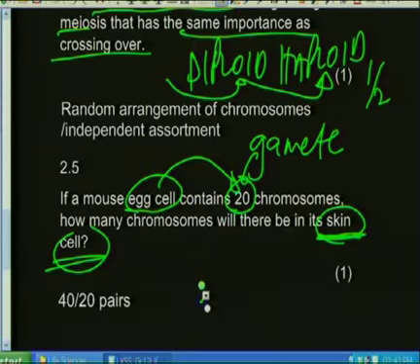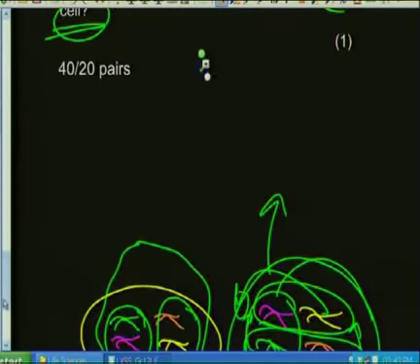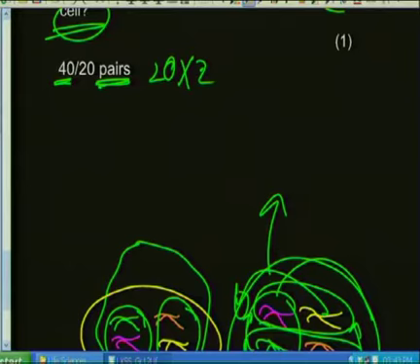So your answer would be 40 or 20 pairs. I know you come from the OBE generation, but 20 pairs is the same as 40. That means 20 times 2 equals 40.